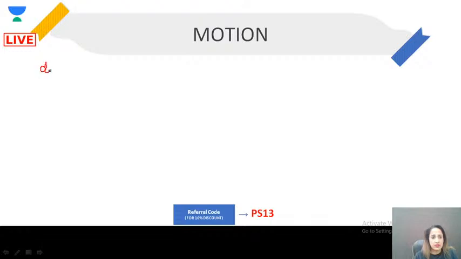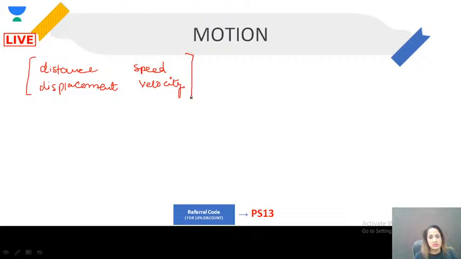So I assume by now you understand what is distance, what is displacement, then you also know what is speed and velocity, right?